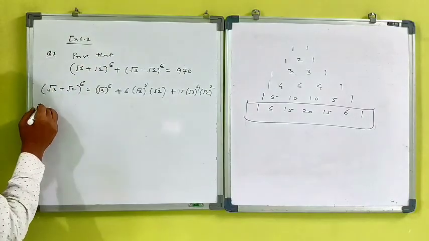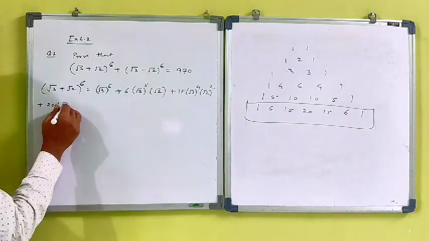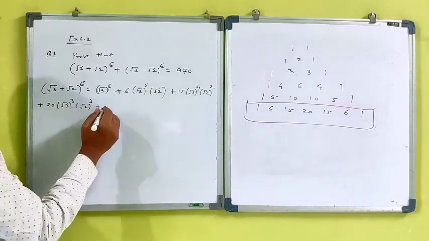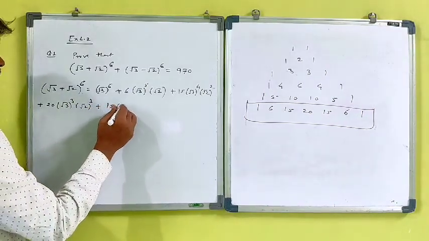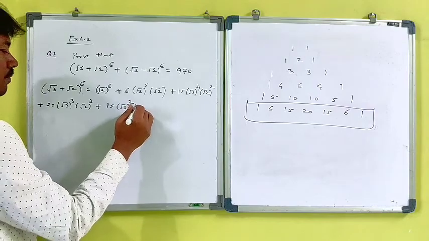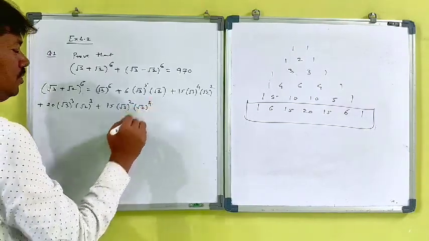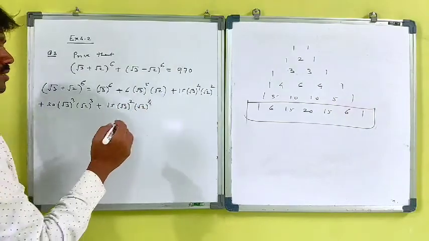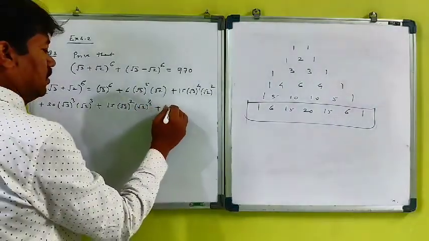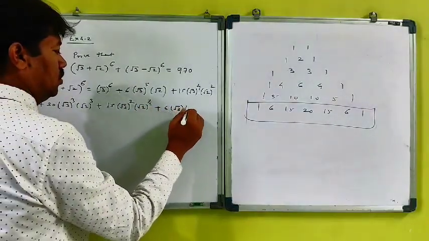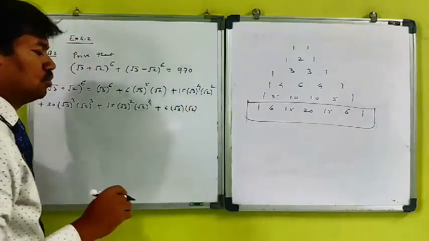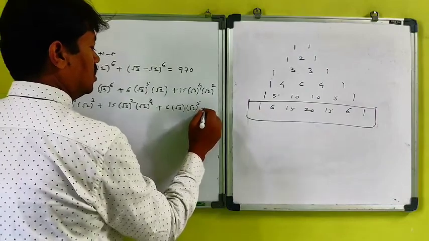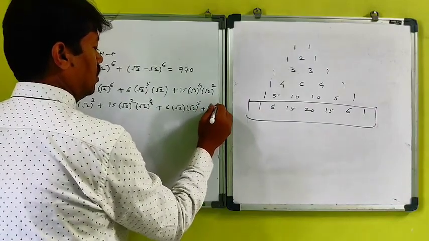Next, 20, root 3 cube, root 2 cube. Plus 15, root 3 square, root 2 raised to 4. Next, 6 root 3 into root 2 raised to 5, and the last is root 2 raised to 6.